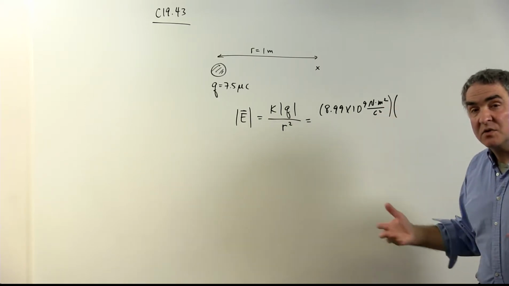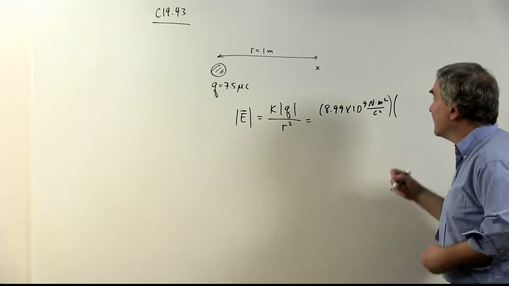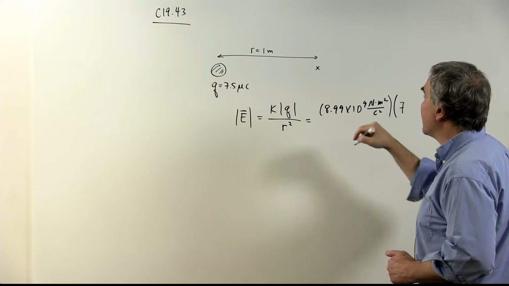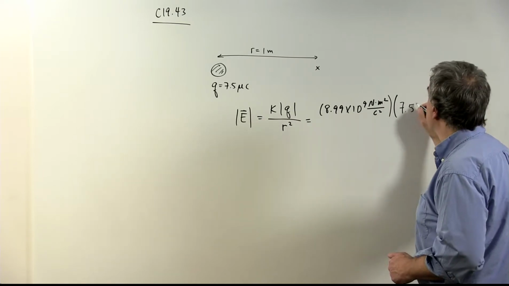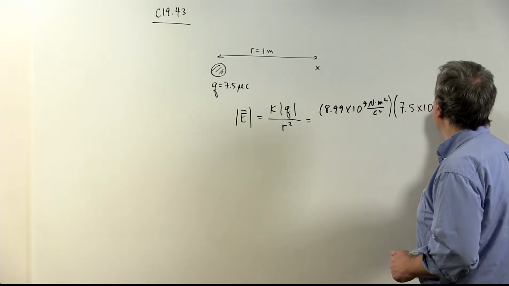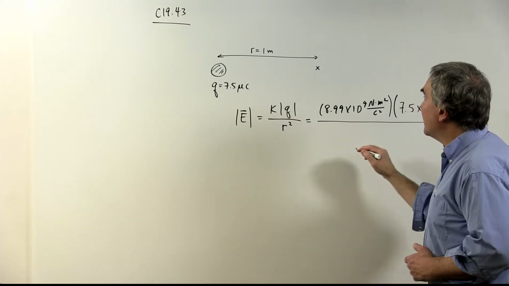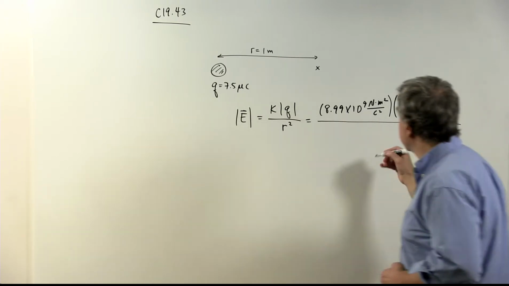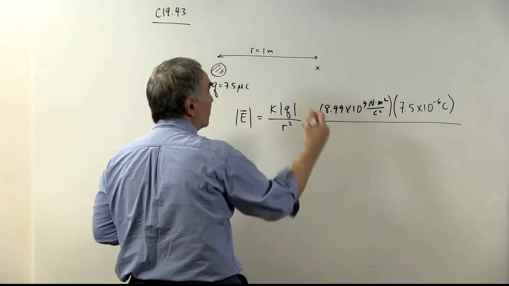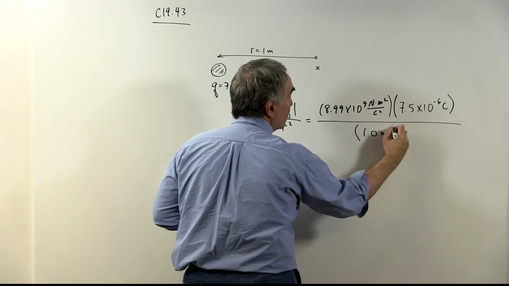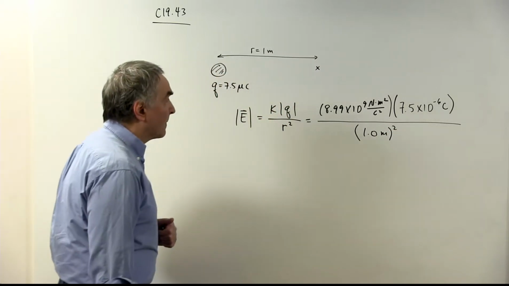So we've got to use coulombs and meters in the rest of the calculation. So we've got to convert the 7.5 microcoulombs to coulombs. So it's 7.5 times 10 to the minus 6 coulombs. And we're going to divide by the distance squared, the distance from the charge to the point where you're calculating the field, and that is 1 meter quantity squared.